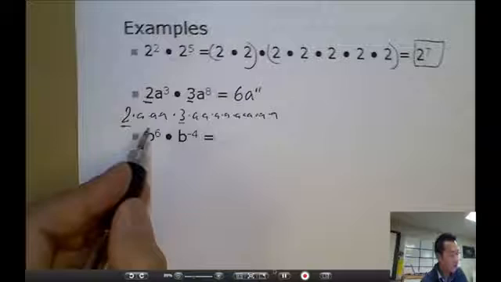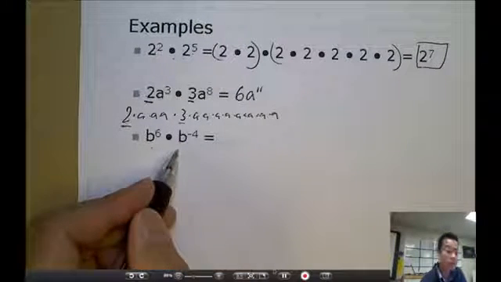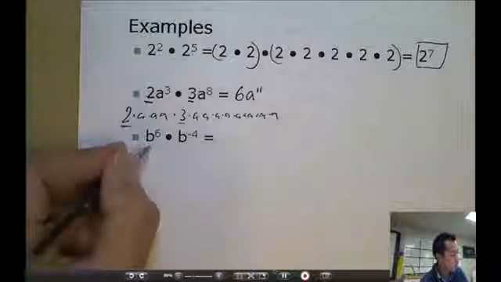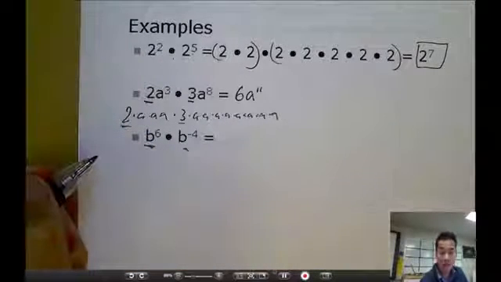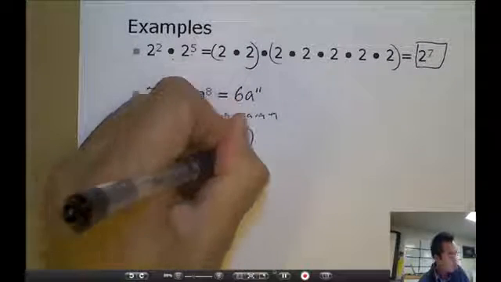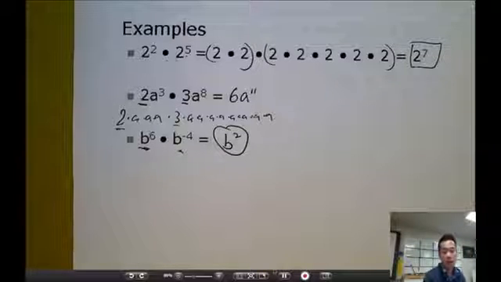The next one, I have b to the 6th times b to the negative 4th. We'll get into negative exponents in the next section, but b to the 6th times b to the negative 4th, they are the same base, so they're both integers, 6 and negative 4, so I'm going to add them, and I get b to the second power. Okay, and that's when you're multiplying exponents with the same base.